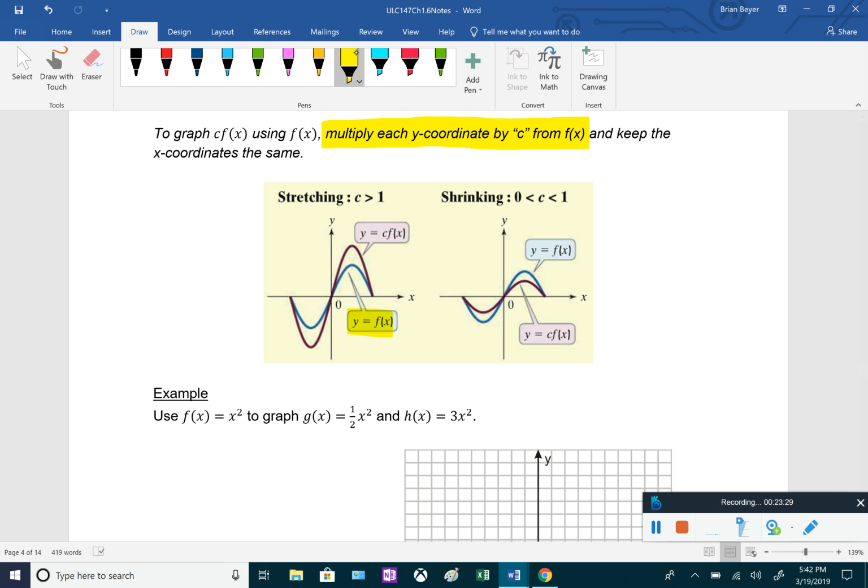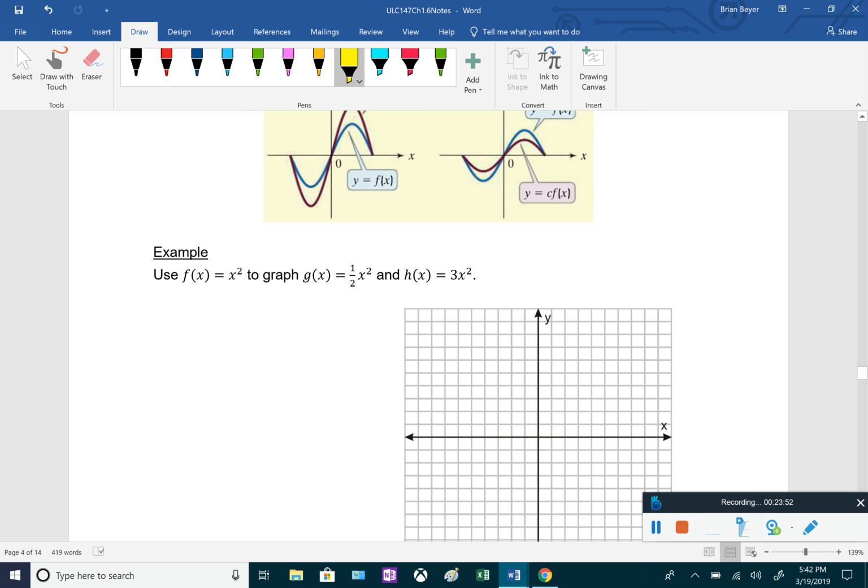In the one on the left, we have y equals f of x. If we multiply by c out front, where c is greater than 1, we can see how it gets vertically stretched away from the x-axis. And on the right, vertical shrink, here's y equals f of x. If we multiply those f of x by a number between 0 and 1, it gets shrunk towards the x-axis.